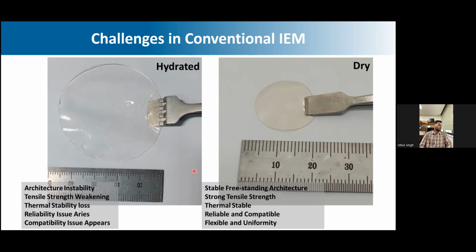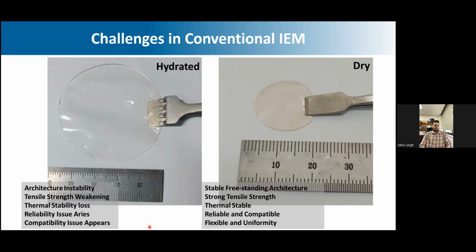As you can see, if the swelling increases, the tensile strength becomes weaker, the thermal stability is also lost because at high temperature these cannot be sustained, reliability issues arise, and compatibility with the electrode will not be good.